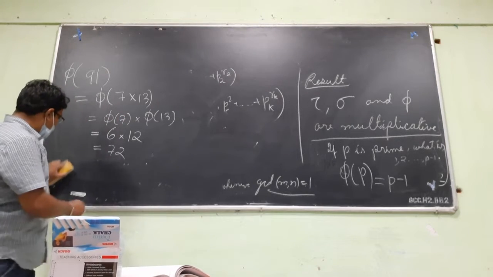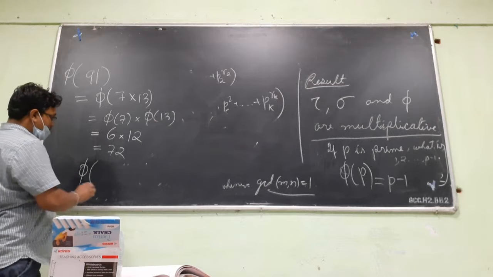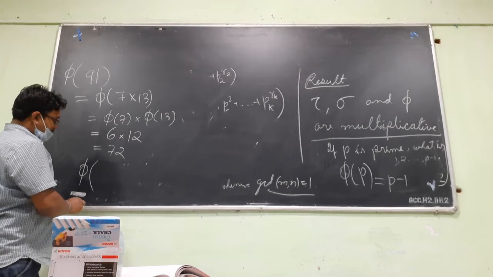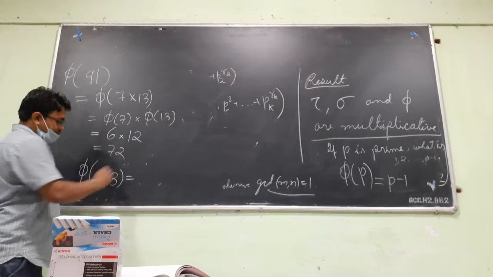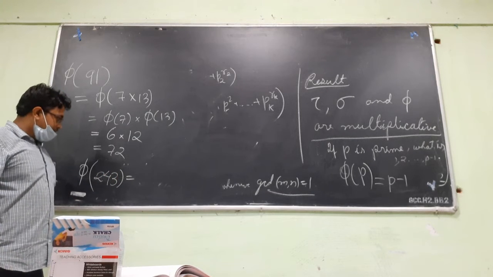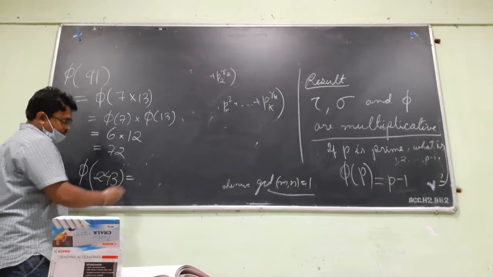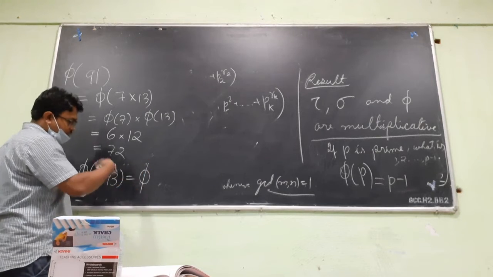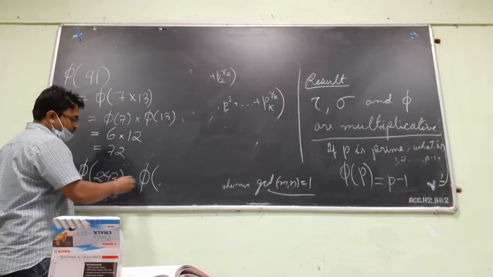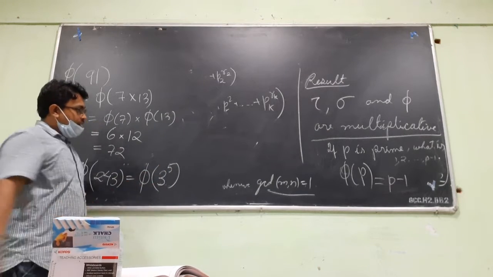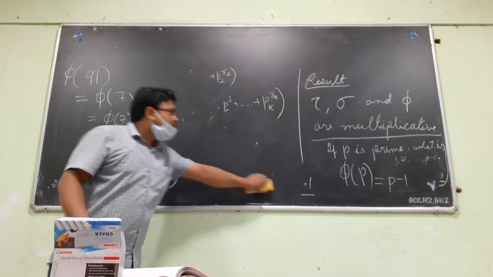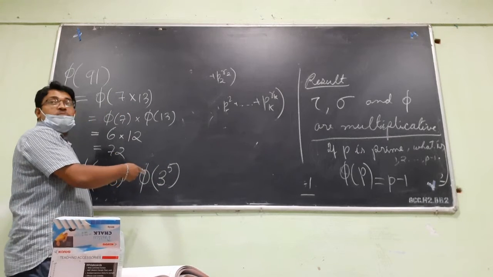What will be phi of, say, 243? Phi of 243. What is this? So you try to factorize. What is 243? It is 3 to the power 5. And we have this result that phi is a multiplicative function.